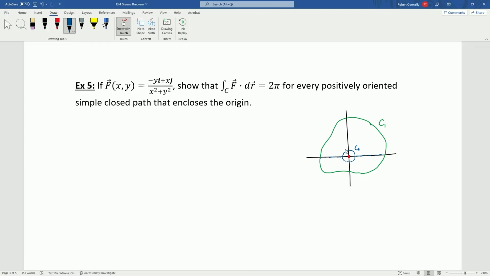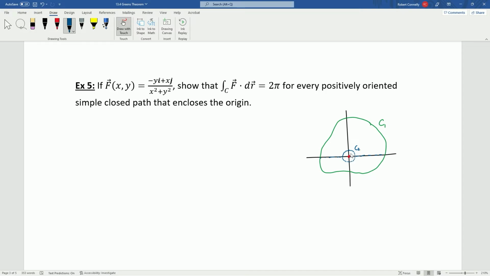We would not be able to apply Green's theorem directly to the region if we included that hole. So instead, we're applying Green's theorem to this region where we've got an arbitrarily small circle.